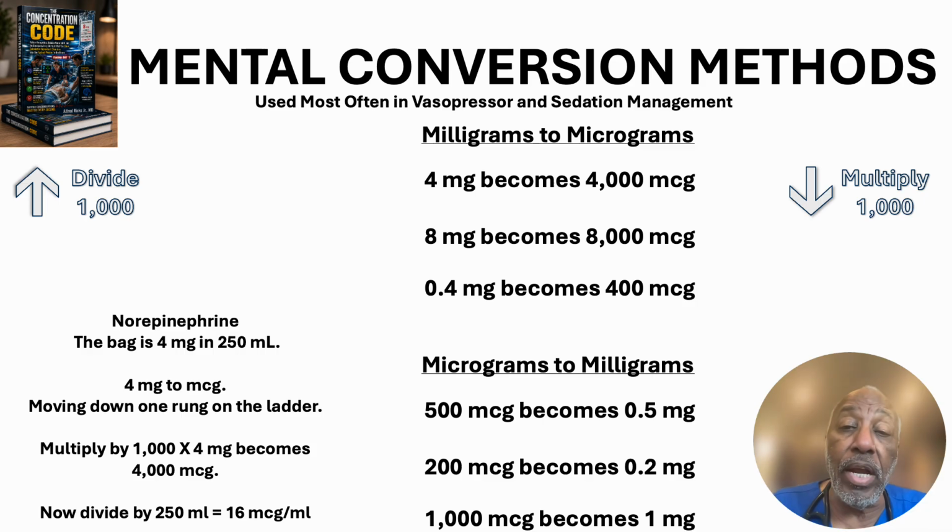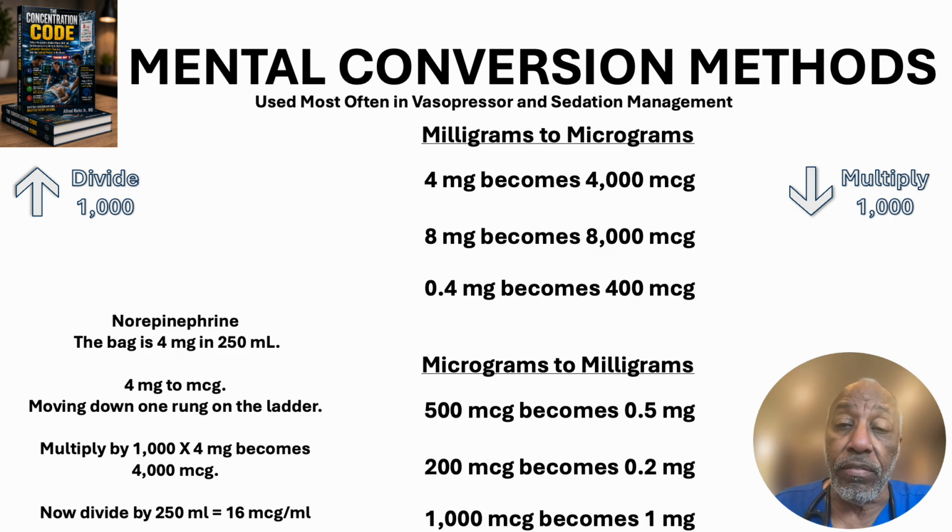The clinical scenario where this comes up most often is when you're verifying a dose that's been calculated in micrograms and you want to sanity check it against the milligram amount in the bag. If your calculation tells you that the patient is receiving 32 micrograms per hour of norepinephrine, you can immediately convert that to 32 milligrams per hour.